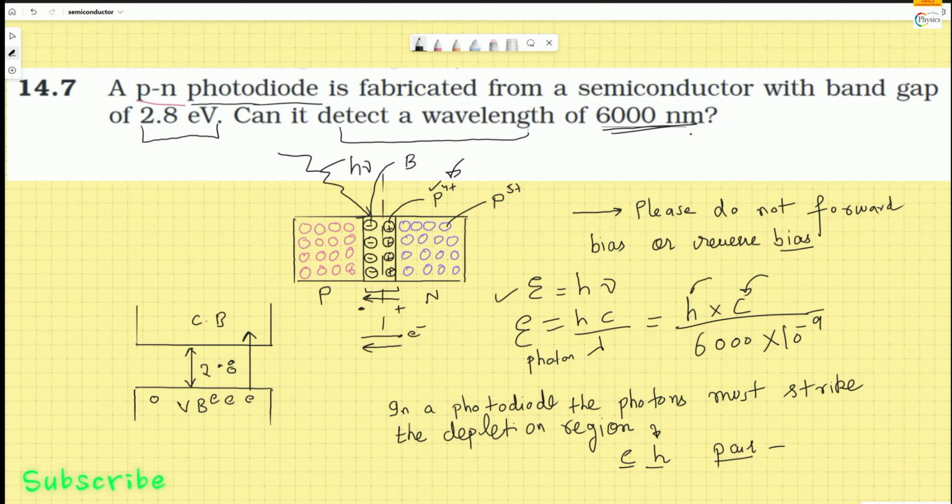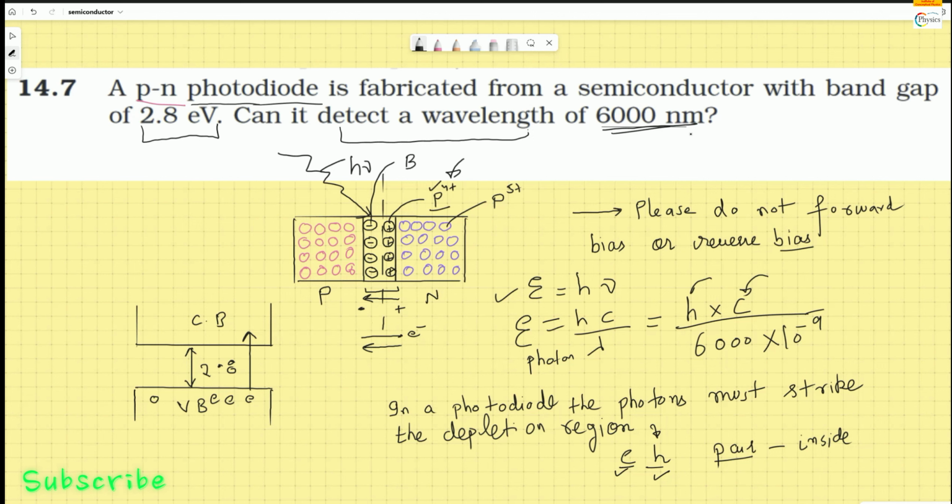So this electron and this hole I'm referring to, this pair got created inside the depletion region, and this got created because inside the depletion region you have immobile ions of phosphorus and boron.